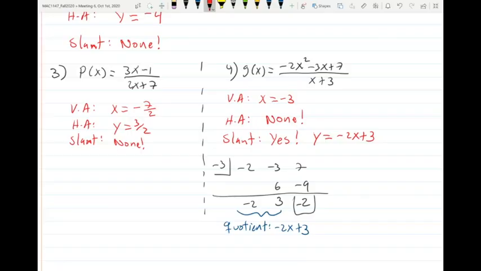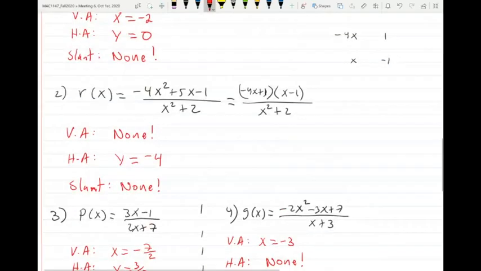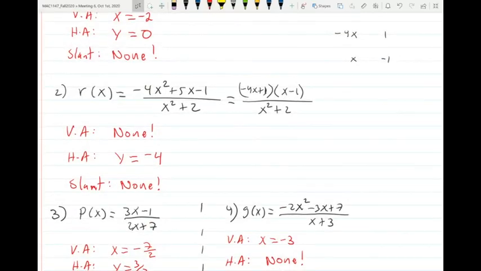Okay, questions? Professor, number 2, what was the horizontal asymptote? In number 2, negative 4, y equals negative 4. Isn't it 1? No. Why would it be 1? Well, I mean, y equals 1 over 4? Now remember, it is the ratio of the leading coefficients.